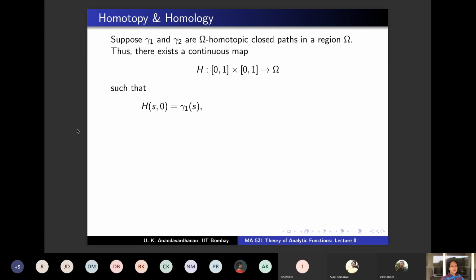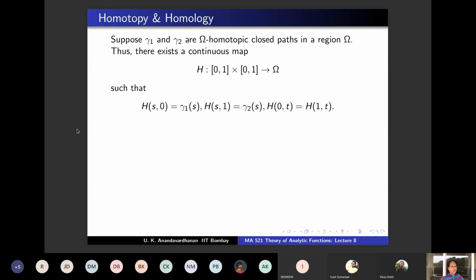So H(s,0) is gamma 1(s) at the start, and H(s,1) at the end is gamma 2(s), and H is also taken to be closed, so H(0,t) equals H(1,t) for all t. So all these continuous curves are also closed.